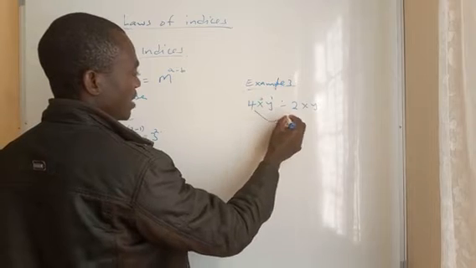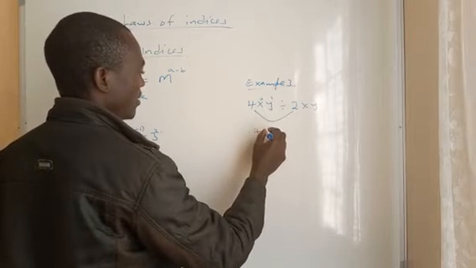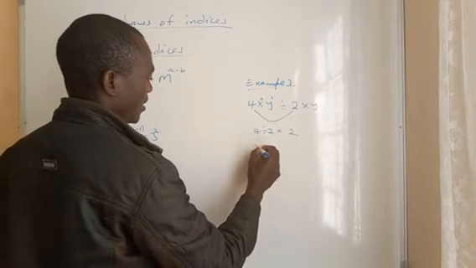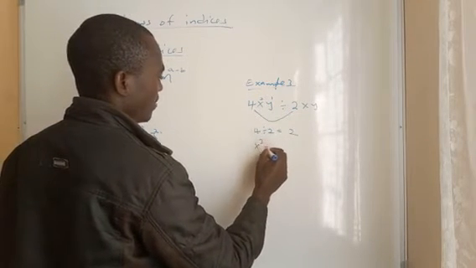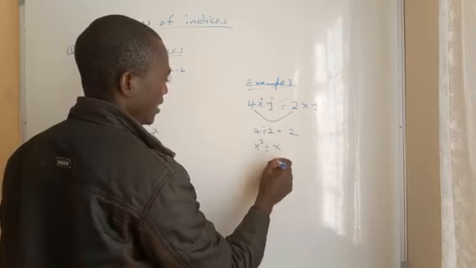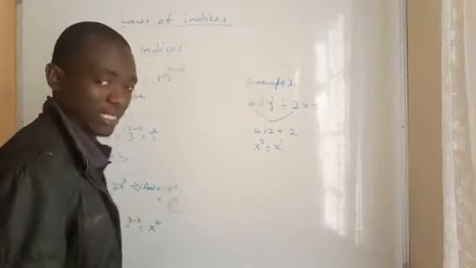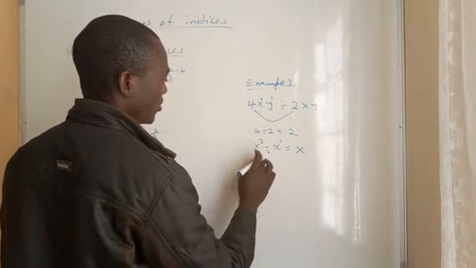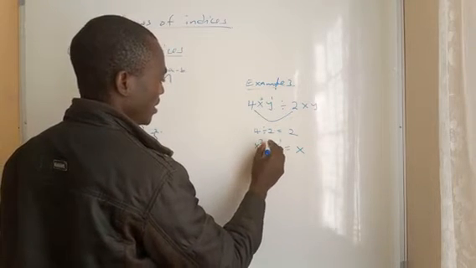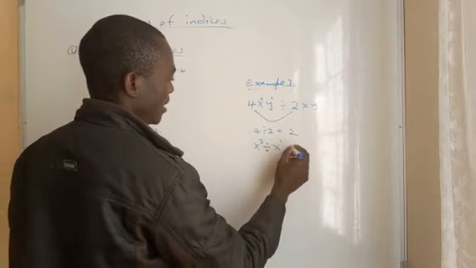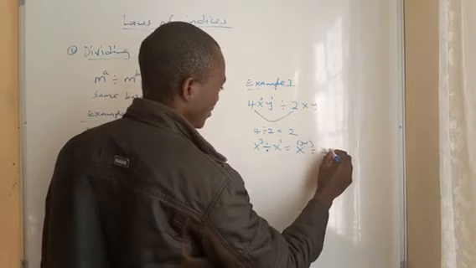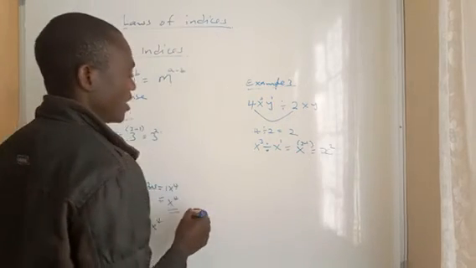We begin with the numbers. 4 divided by 2, the answer is 2. x to the power 3, you divide by x, and this x simply means x to the power 1. The law of division says if the bases are the same, which is true, that is base x to base x, then we subtract the powers on the index. So the answer becomes x to the power 2 for that case.